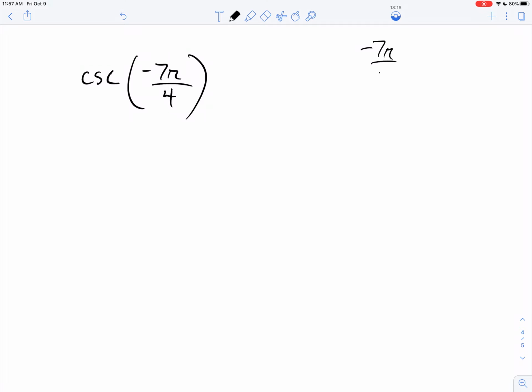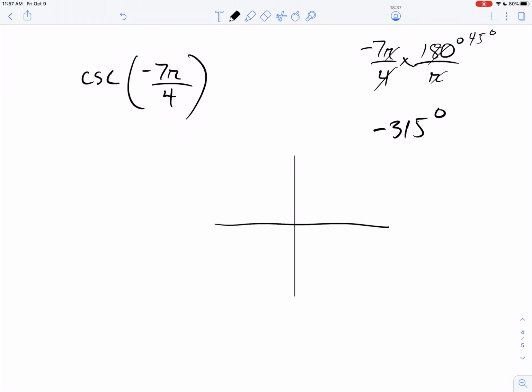I don't know what that is. And you could then convert the thing that you are looking at into degree mode and say, oh, I know what negative 315 looks like.